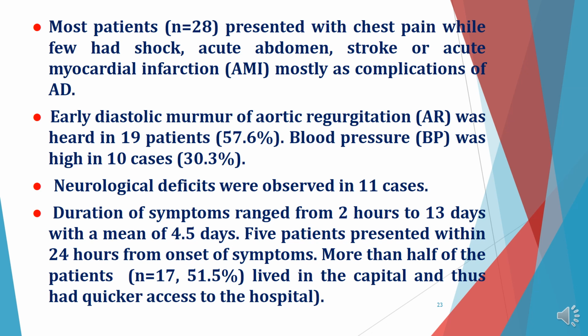Early diastolic murmur of aortic regurgitation was heard in 57.6% of patients. Blood pressure was high in 13.3% of patients. Neurological deficits were observed in 11 cases.